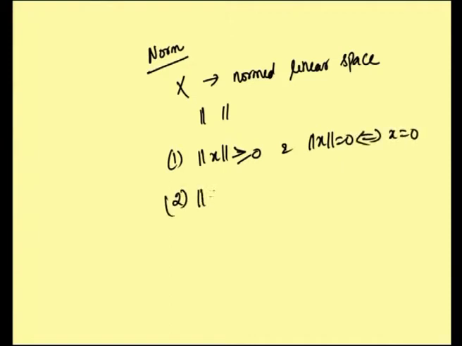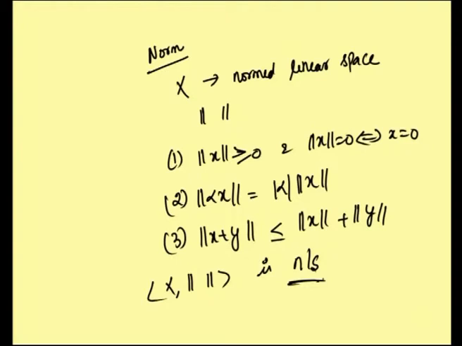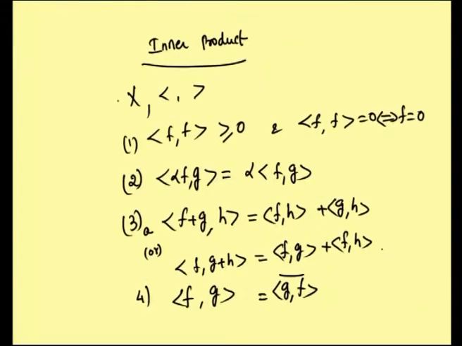Second condition is norm of alpha x is equal to modulus of alpha into norm x, and third condition is triangle inequality, norm of x plus y is less than or equal to norm x plus norm y. Okay. Then x along with this norm is called a normed linear space. Similarly here, set x, vector space x along with this inner product is called inner product space.